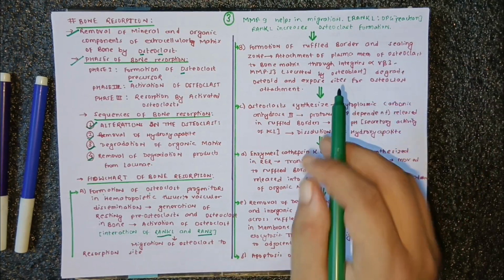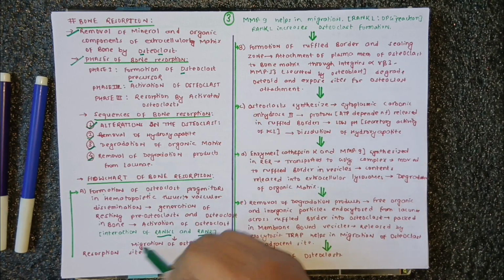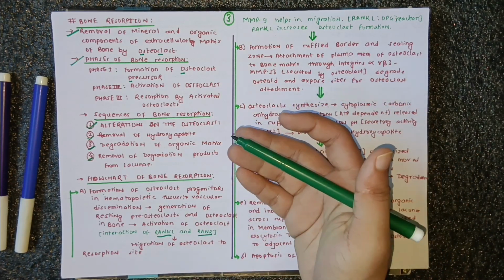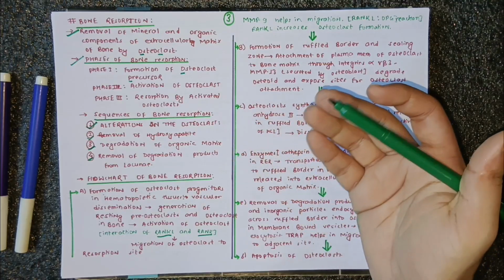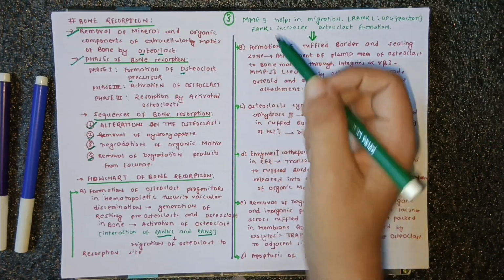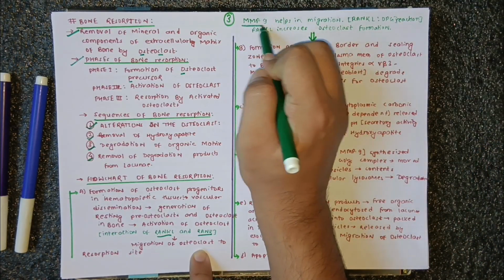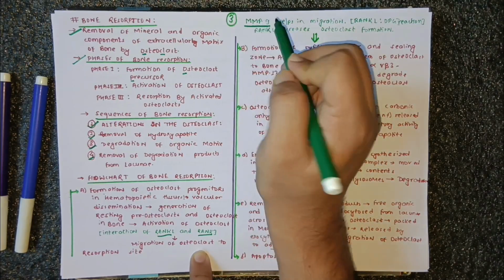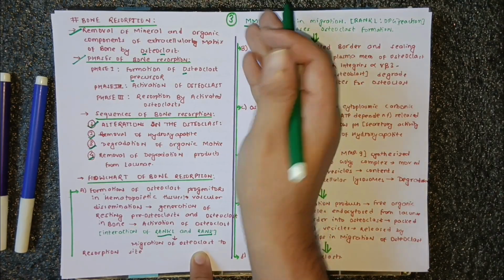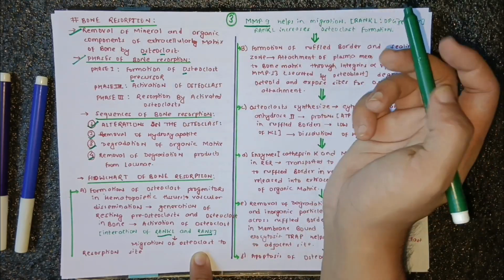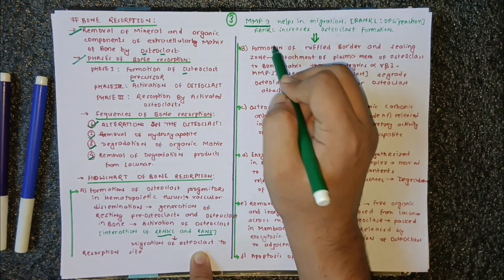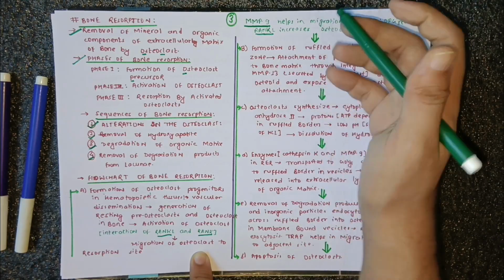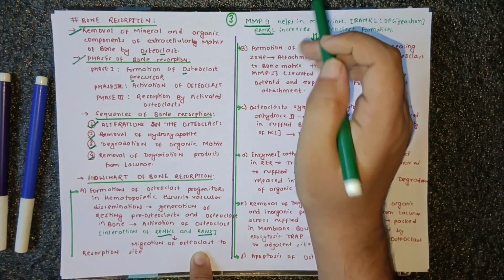So in the next step, after the activation of the osteoclast, it migrates to the resorption site, and that is helped by MMP9. Learn this much: MMP9 is the chemical that helps in the migration of the activated osteoclast to the resorption site. And RANK-L increases the osteoclast formation, so more osteoclasts are formed by RANK-L.